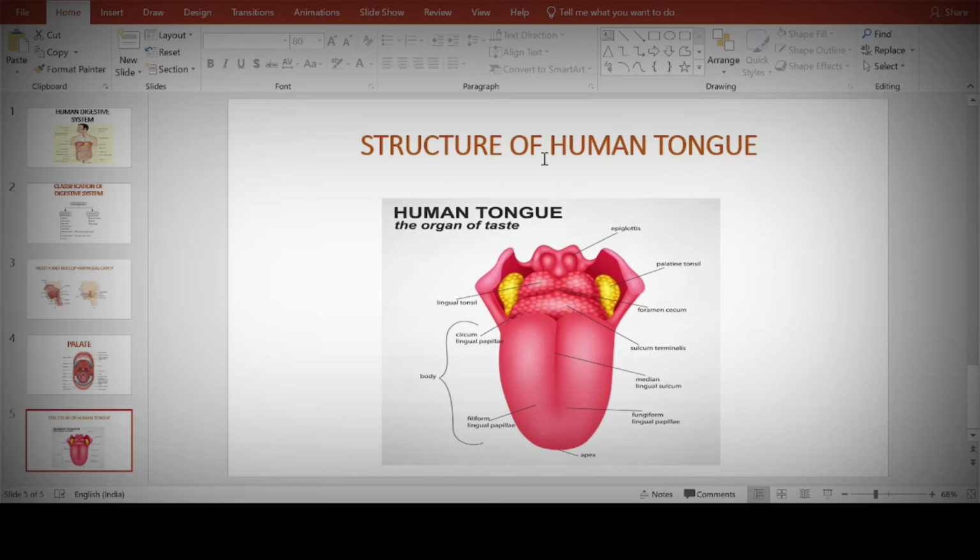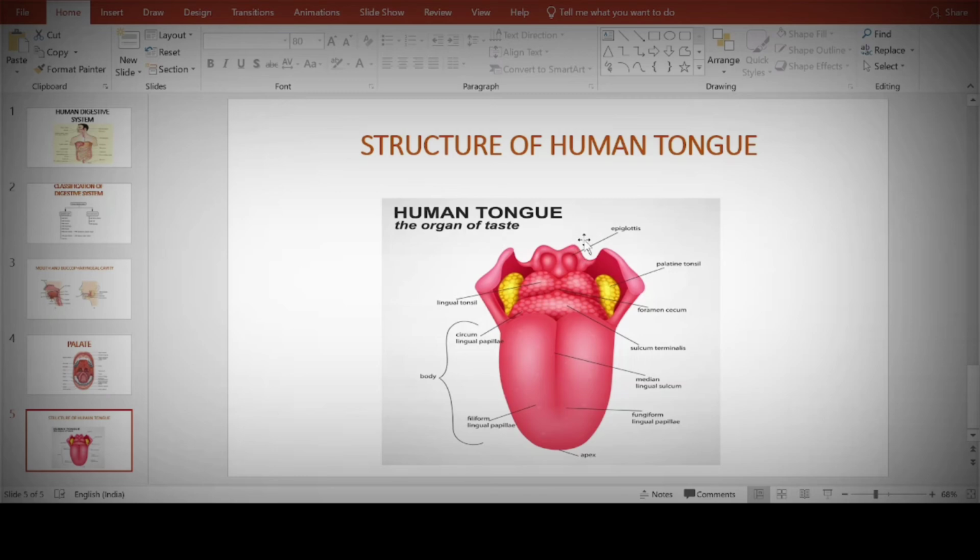As I told earlier, the human tongue is attached to the floor of the oral cavity by the frenulum. The anterior part, you can see, is free, while the posterior part is basically connected to the hyoid bone.